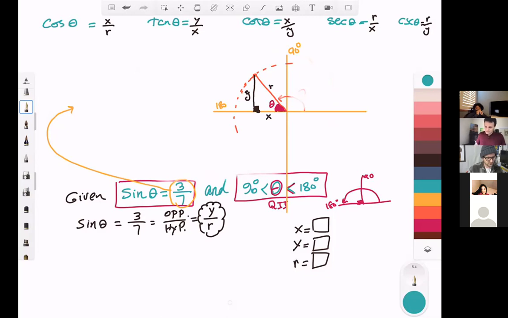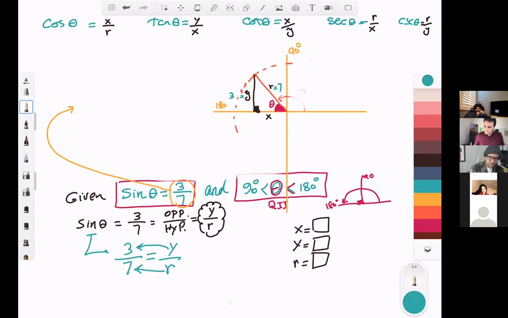So look at sine of theta is 3 over 7. This is the same as y over r. So y is 3, r is 7. Now how do we solve for x?